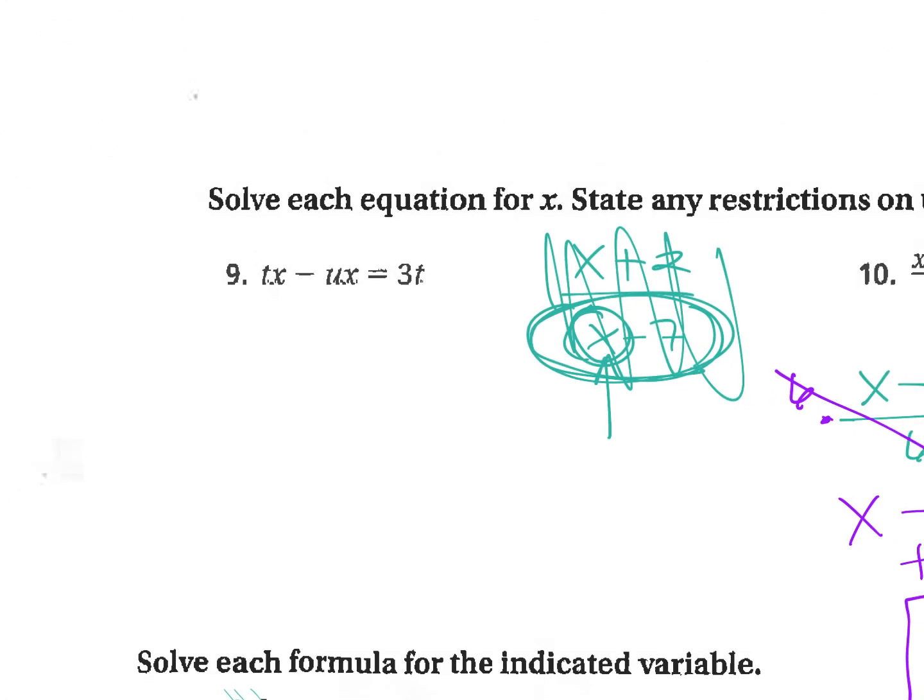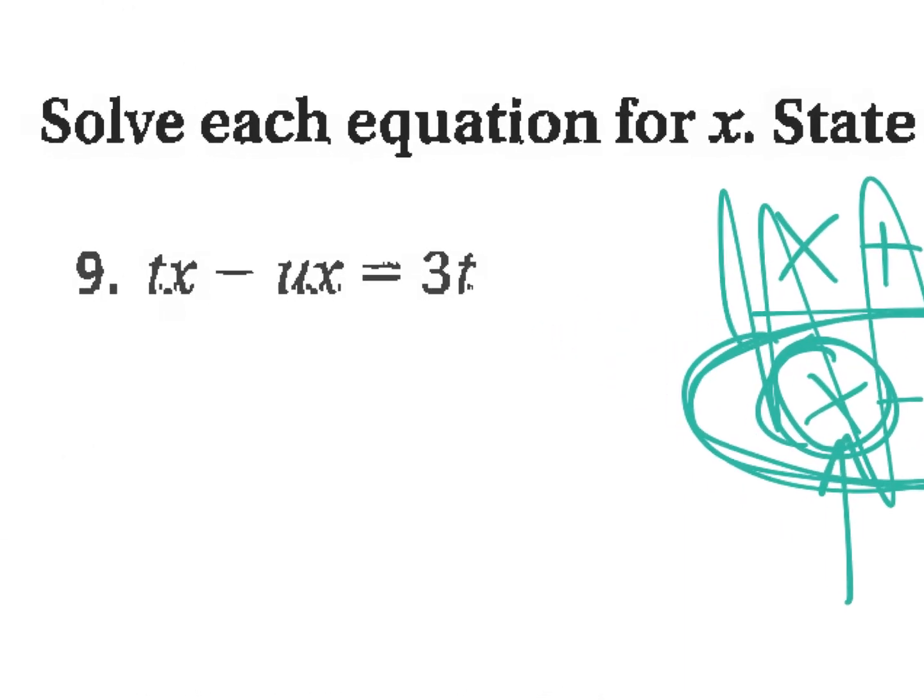Yes. So this one you're solving for x. Now you're saying t times x minus u times x, right? If you think about that, you can factor an x out of both of those things, right? So if we factor an x out, we're left with t minus u equals 3t.